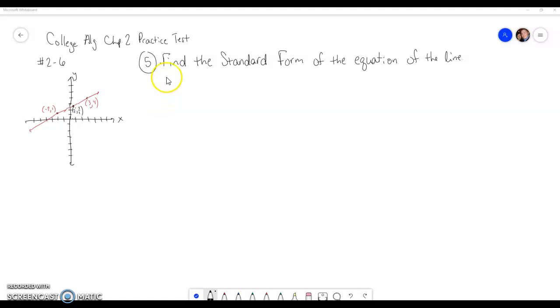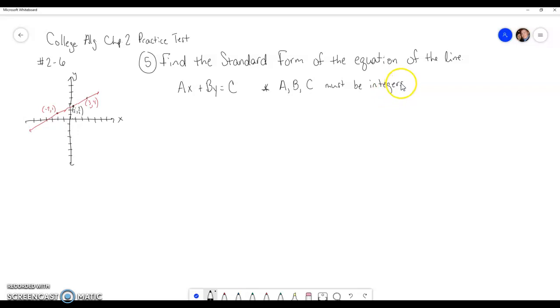Okay, so question 5 says find the standard form of the equation of the line. So standard form is that ax plus by equals c form. Now what's important to remember here is that a, b, and c must all be integers.